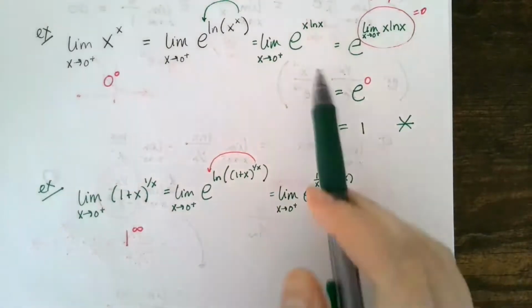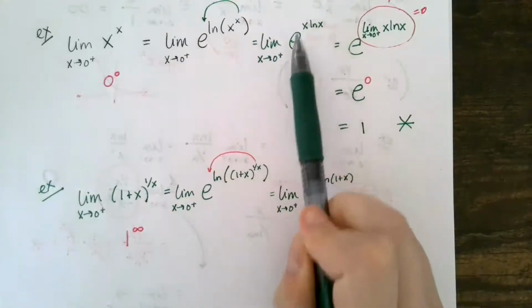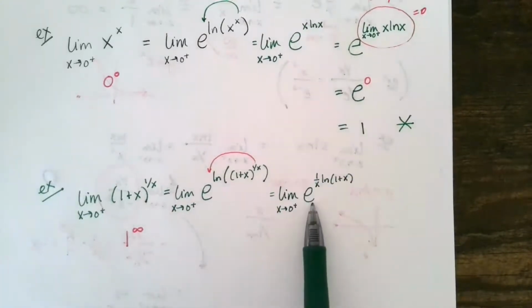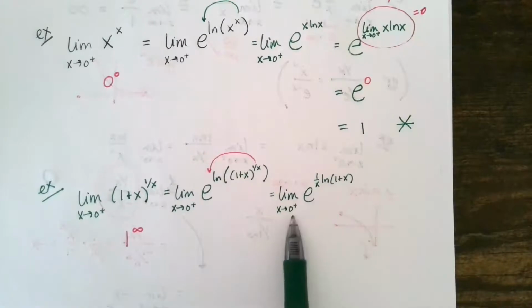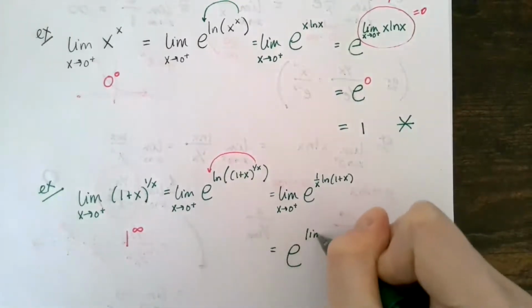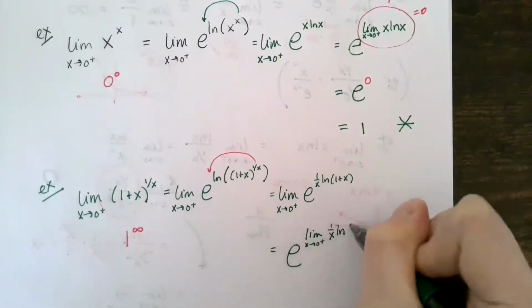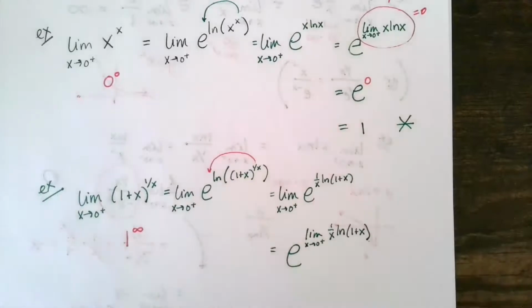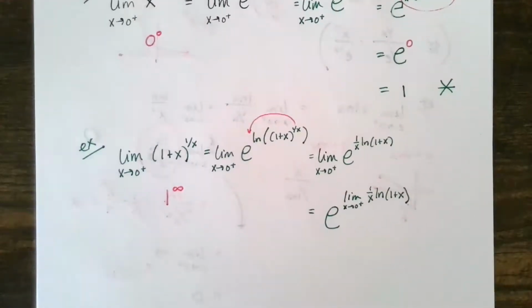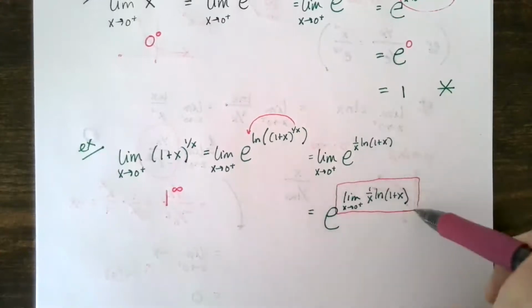And then my last move, like I did here, was to bring this limit up into the exponent part, because whatever this is, it's going to be e to whatever this is doing. So we'll do e to the limit of 1 over x ln 1 plus x. Okay. So this has just kind of morphed into a different problem.